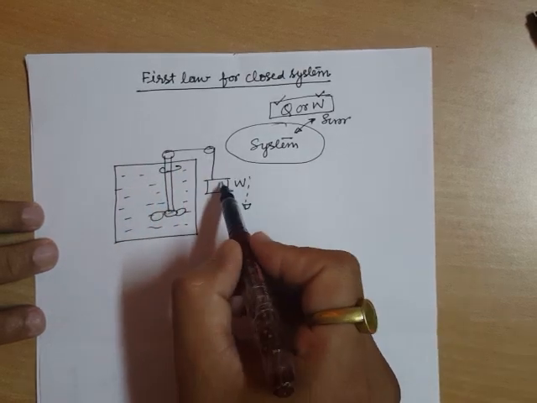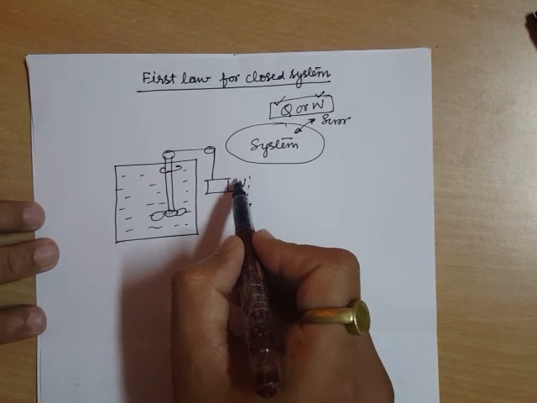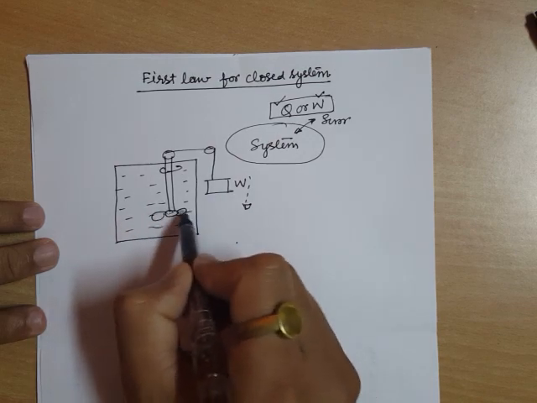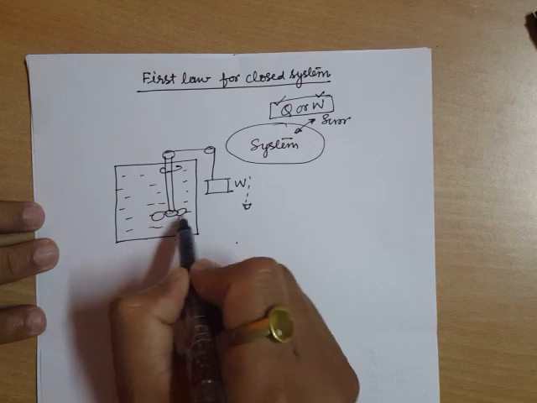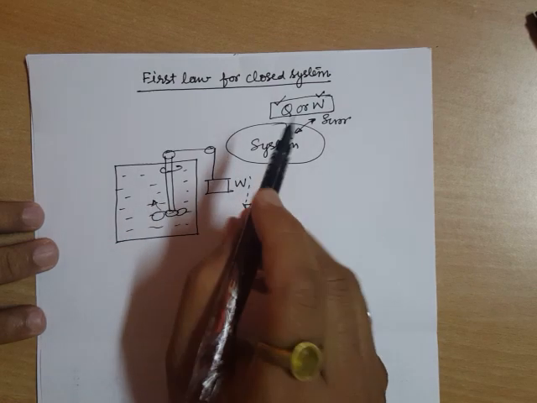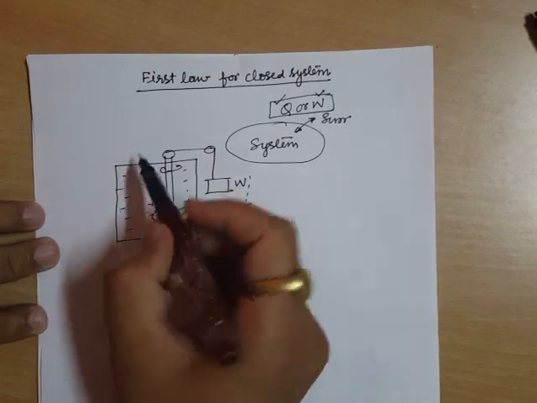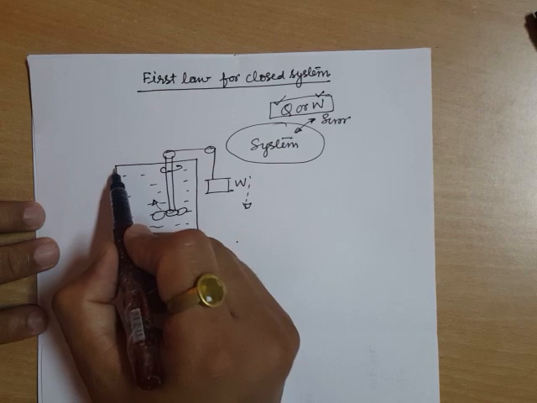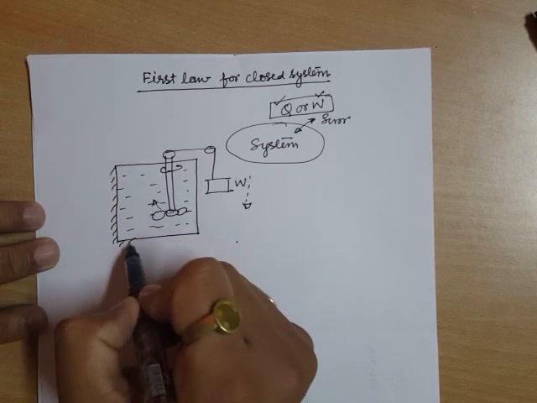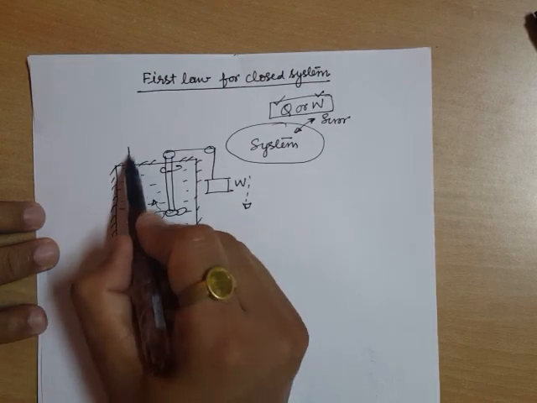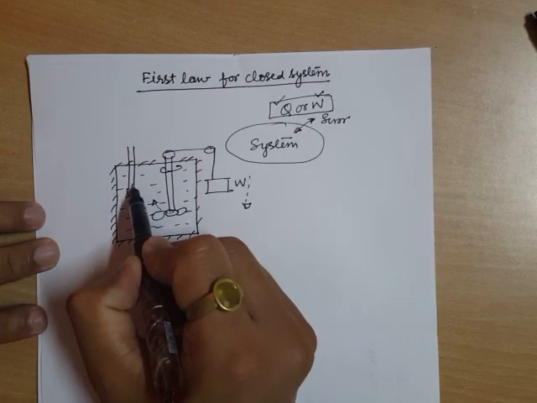As these weights fall down, the mechanical energy will get transformed into internal energy. But right now we don't know anything about internal energy. So he insulated this whole chamber and inserted a thermometer here.